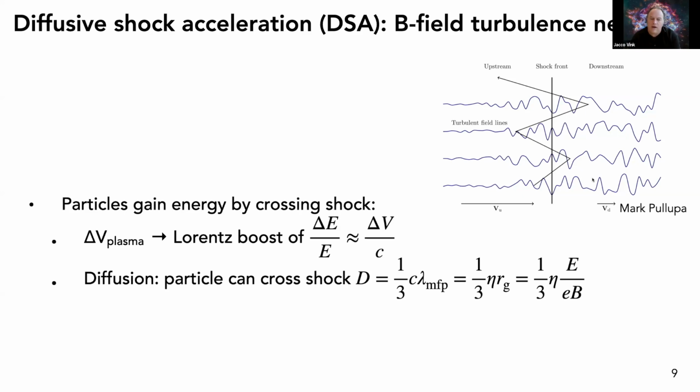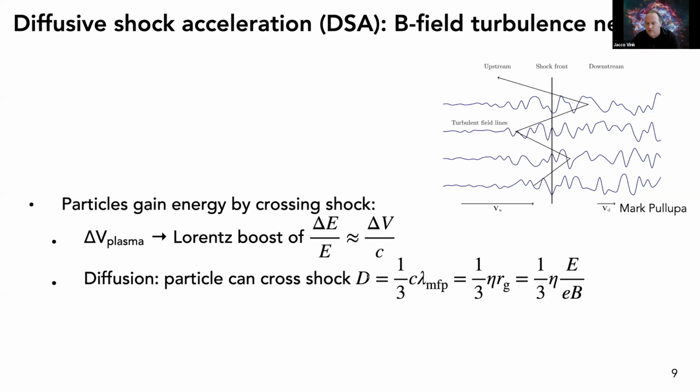Per crossing, you gain energy in diffusive shock acceleration, that is ΔE over E is of the order of ΔV over c, c being the particle velocity, but of course for relativistic particles, this is the speed of light. Now, this is diffusive, so the particle diffuses here, and then there is a finite probability to cross the shock front.